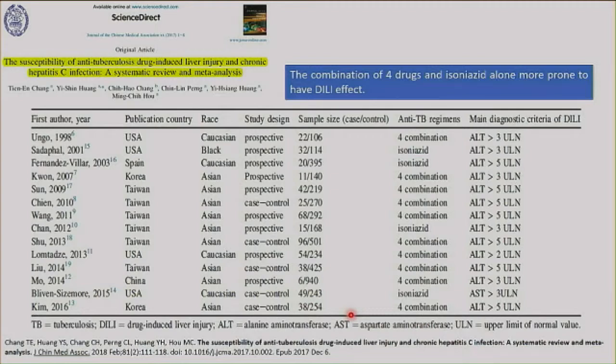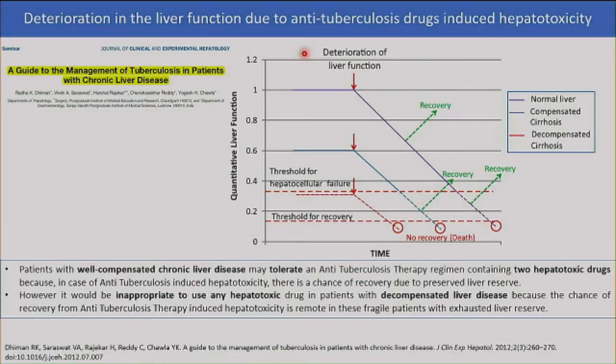And here the systematic review and meta-analysis is also the same as for hepatitis B. They show the main criteria using ALT, with the anti-TB drugs in combination or isoniazid only. And we can also see the deterioration of liver function due to anti-TB induced hepatotoxicity.